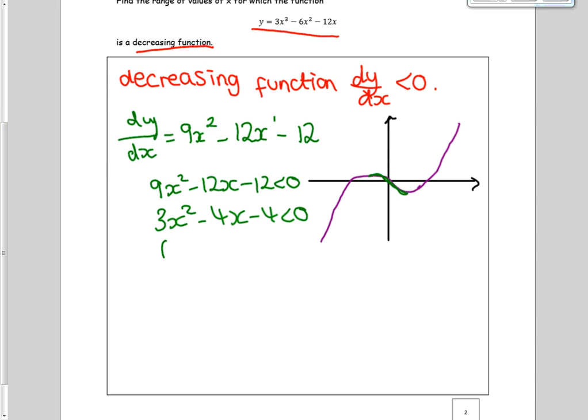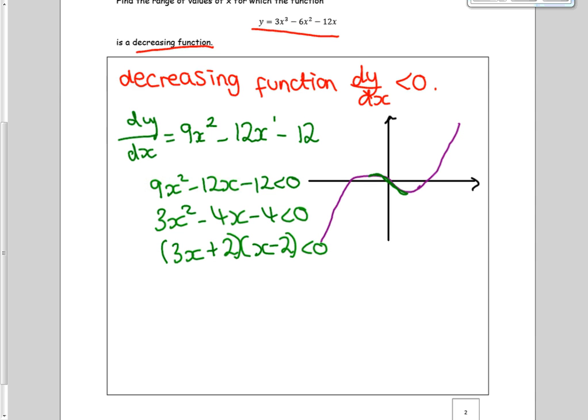So factorising, have 3x at the beginning of one bracket, x at the beginning of the other, and the two values that we have will be a plus 2 in this bracket and a minus 2 in this bracket, because that would give us plus 2x minus 6x, which will give us our minus 4x, and obviously 2 times minus 2 will give us our minus 4.